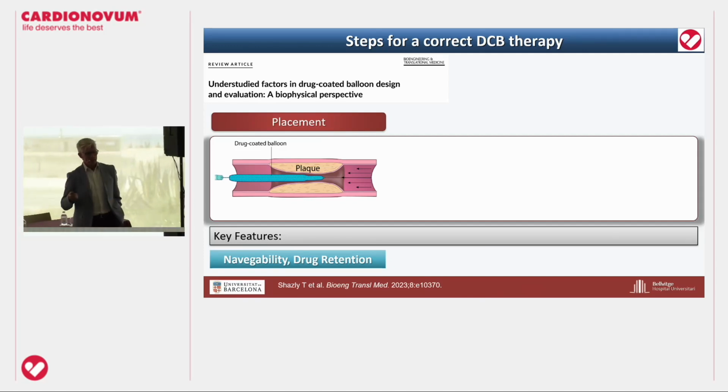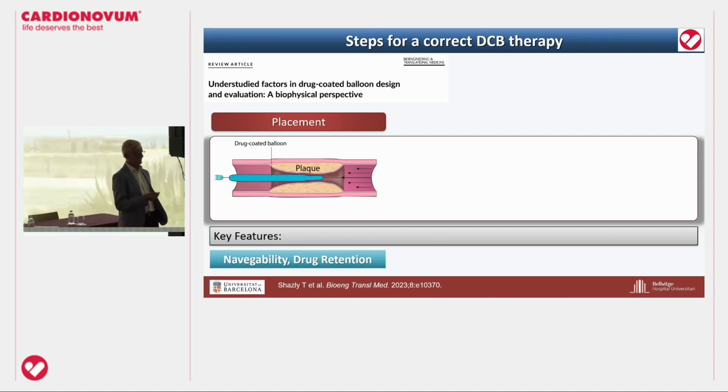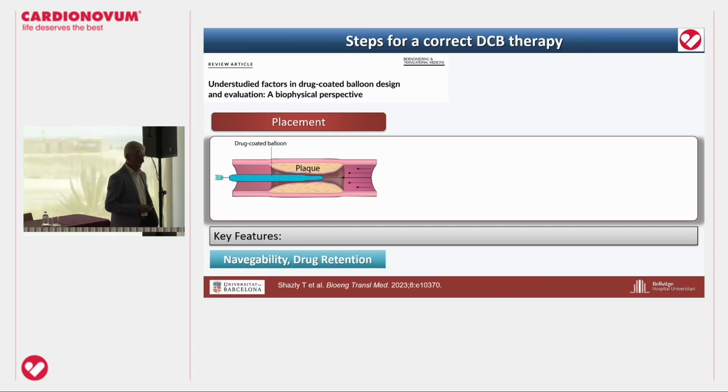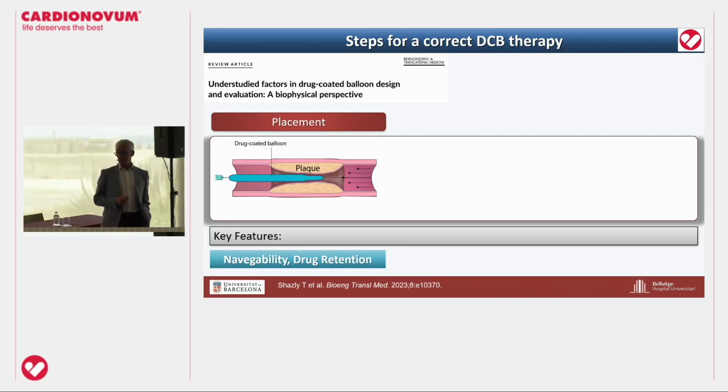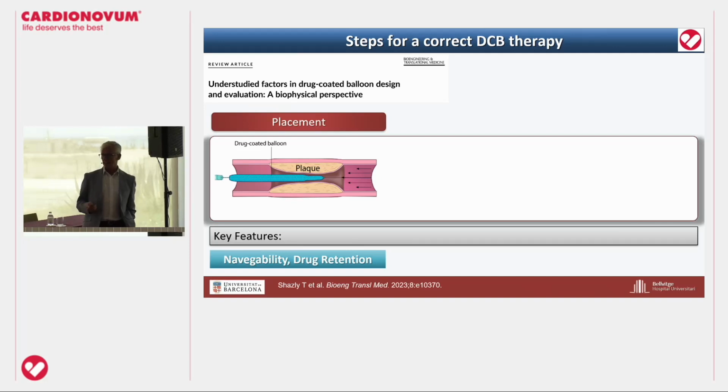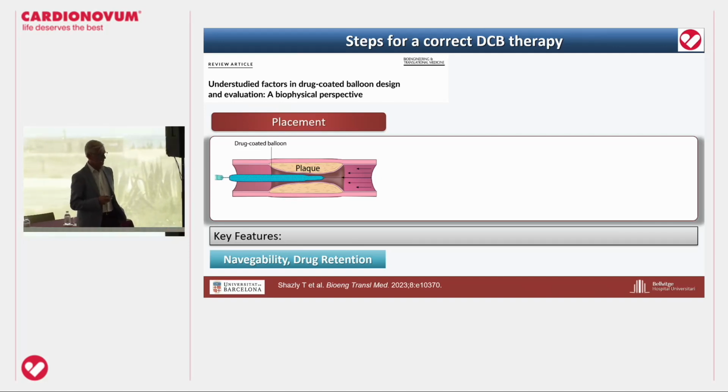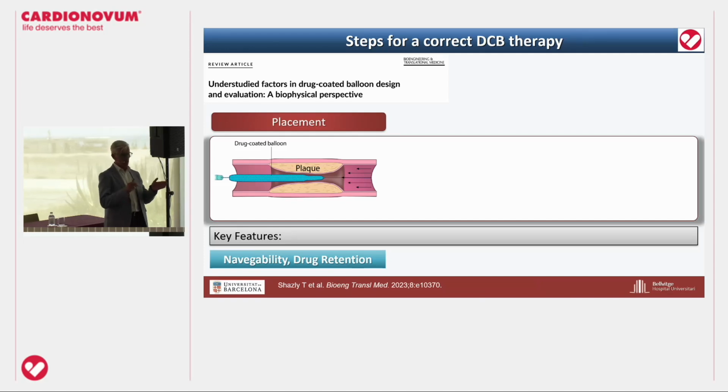The technology was promising, but you could not treat several lesions. So the first step is navigability and drug retention in the balloon, to retain the drug that you want to put into the vessel wall.